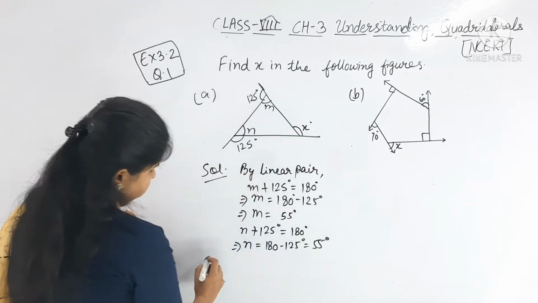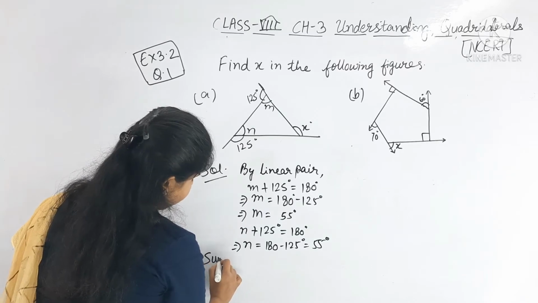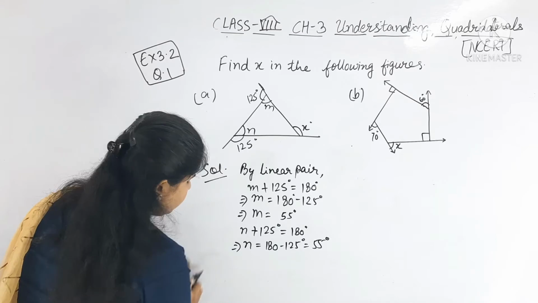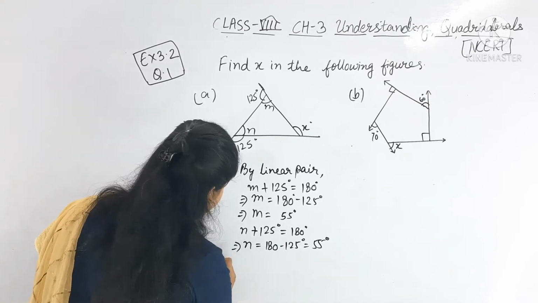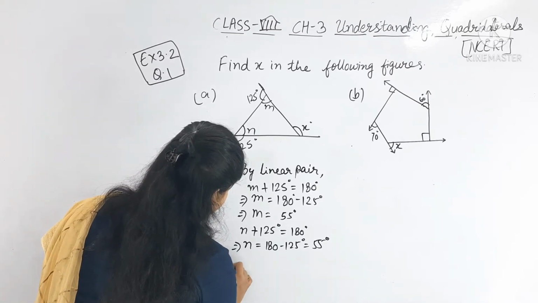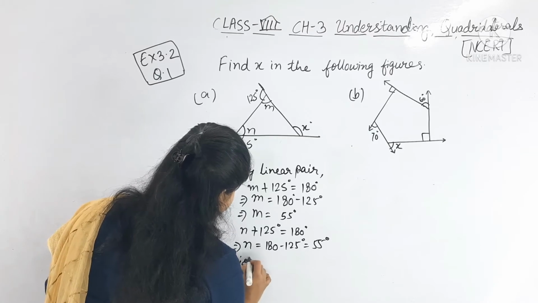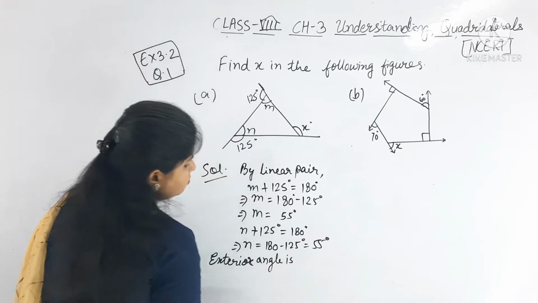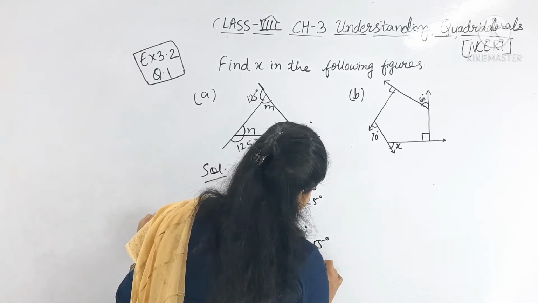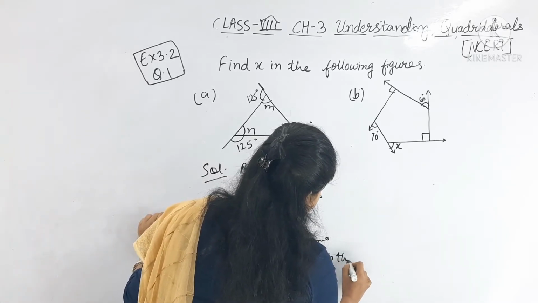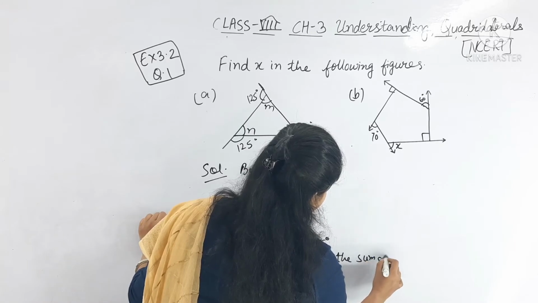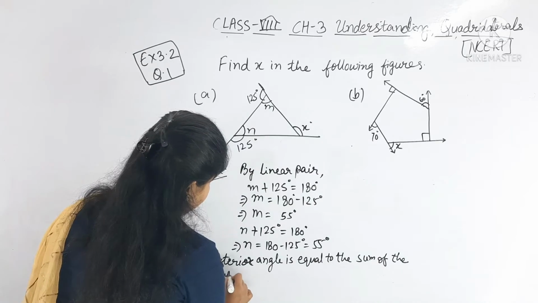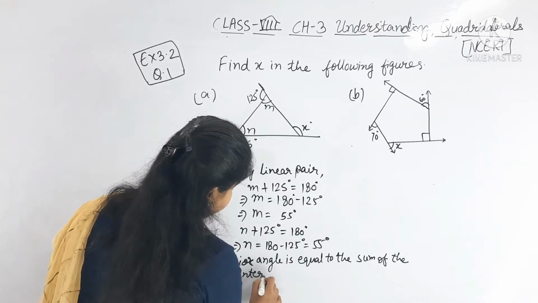Okay, and we know there is a property. You have to write that the exterior angle is equal to the sum of the two interior angles.